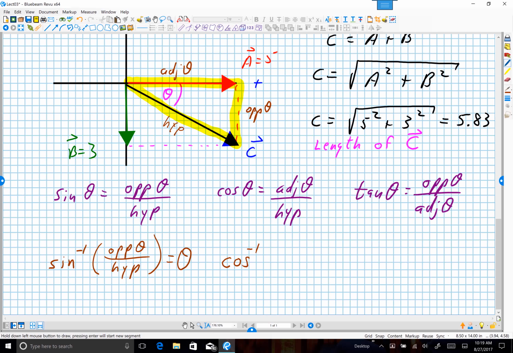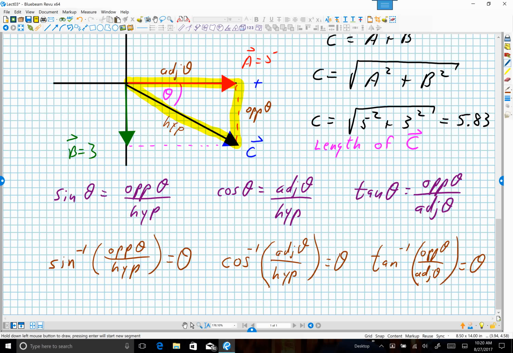Inverse cosine of adjacent to theta over hypotenuse equals theta. And inverse tangent of opposite theta over adjacent to theta equals theta.